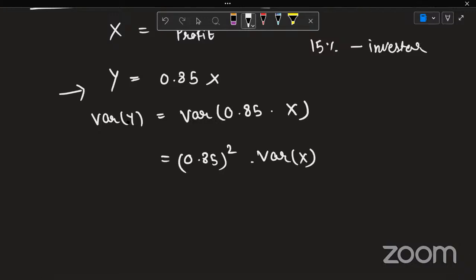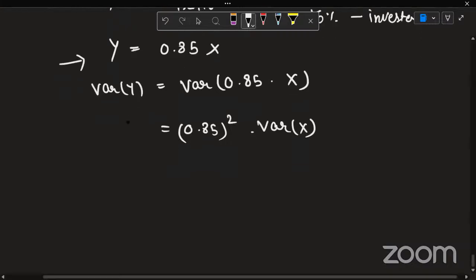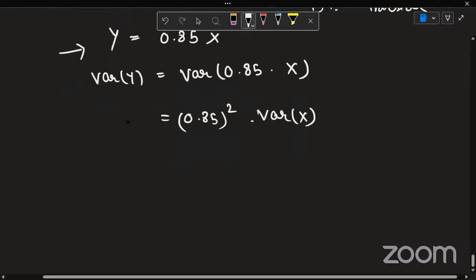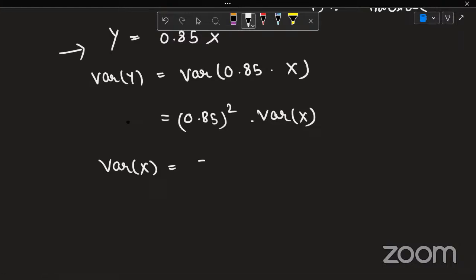How will you get the variance of x then? Do you have any details about x? We do not have anything about variance of x regarding this part, right? So variance of x is what? E of x square minus E of x the whole square.